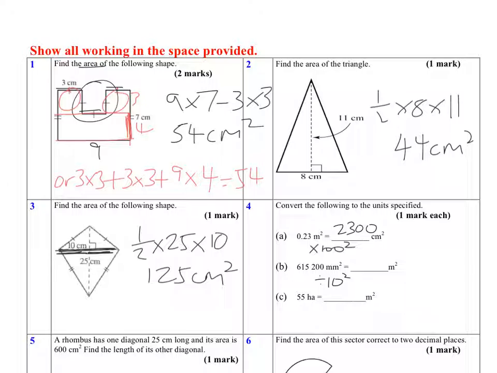Then centimeters to meters is normally divided by 100, but it's squared because it's meters squared. And you get 0.6152. Hectares to meters squared, there are 10,000 meters square in each hectare, so obviously it's going to be 550,000.